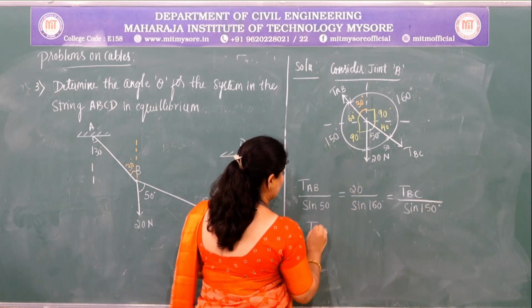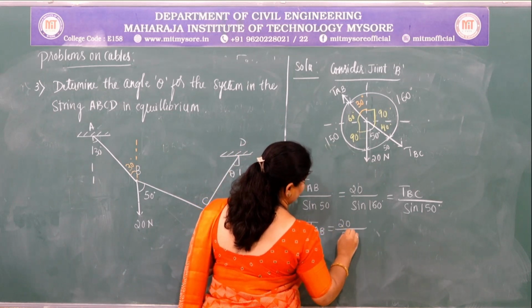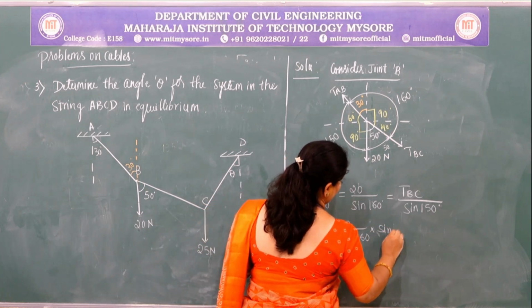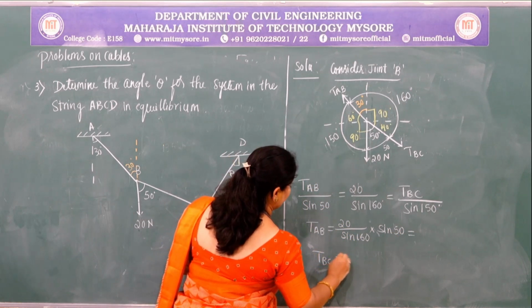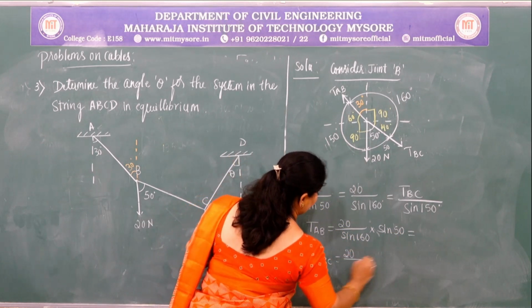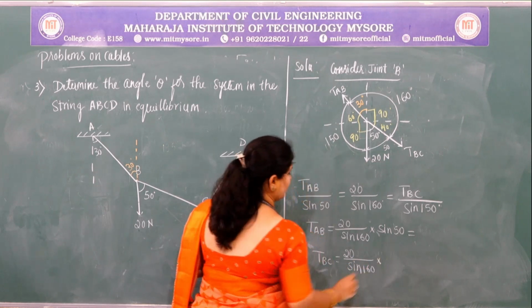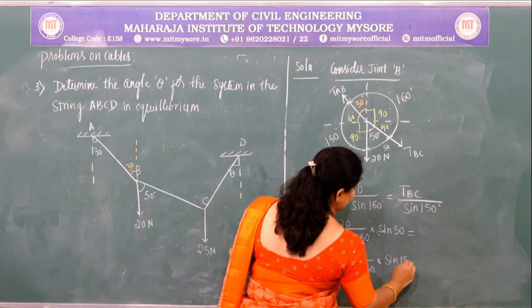So TAB will be equal to 20 divided by sine 160 multiplied by sine 50, and value of TBC will be equal to 20 divided by sine 160 multiplied by sine 150.